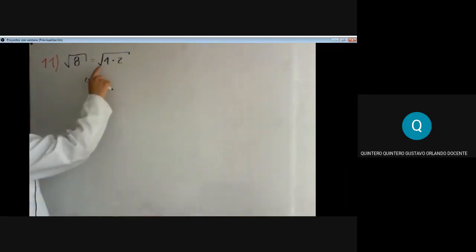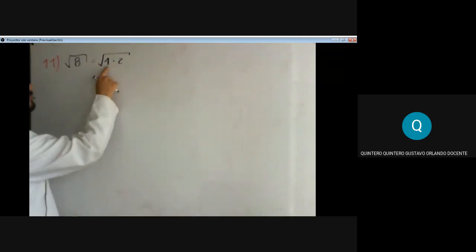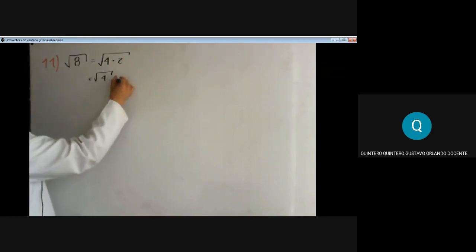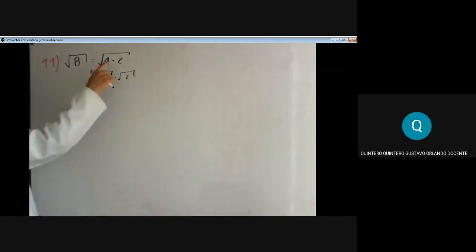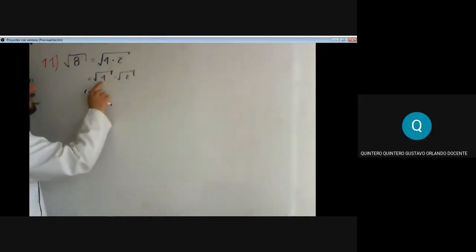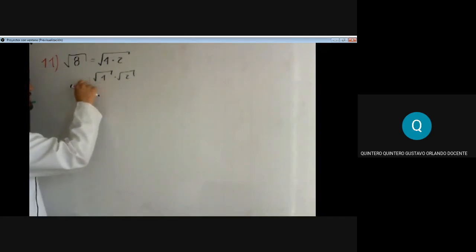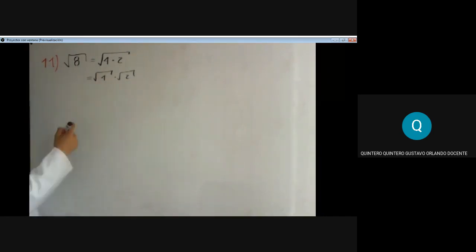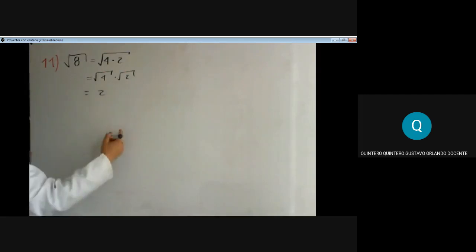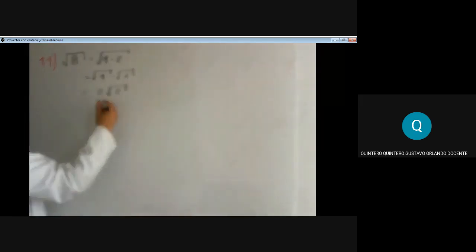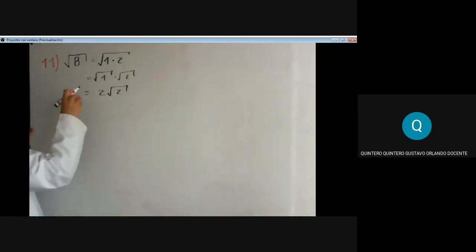Because once I distribute the root, the square root of 4 has an exact and precise answer. The square root of 4 equals 2. So the final solution will be 2 times the square root of 2. This would be the simplification.